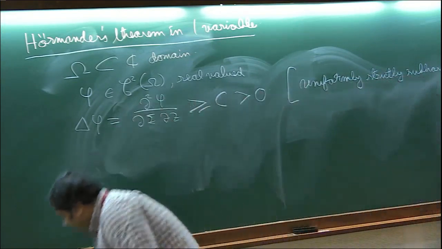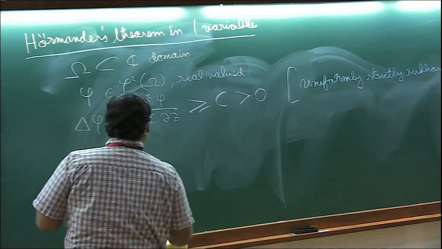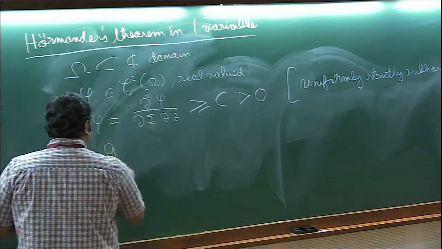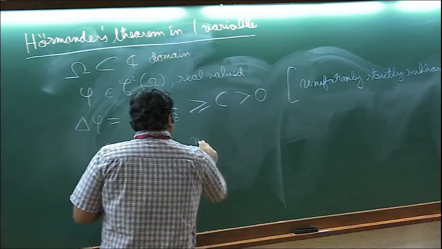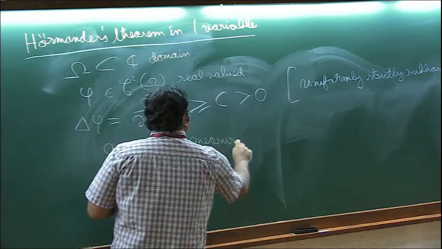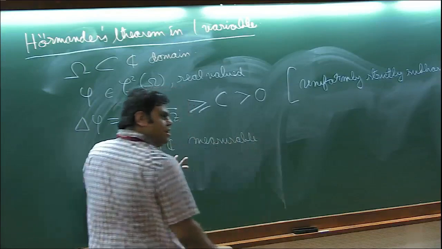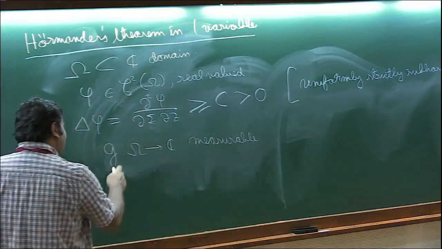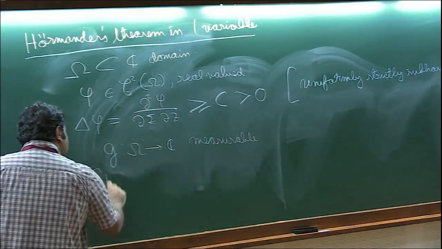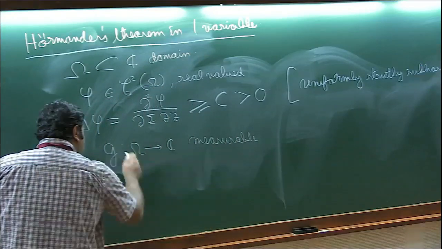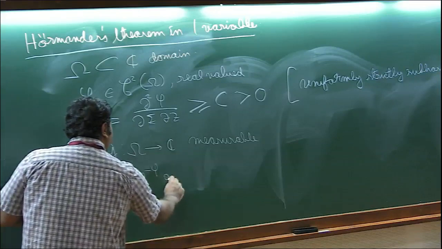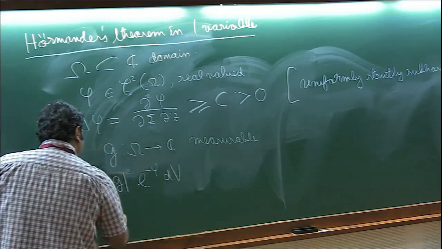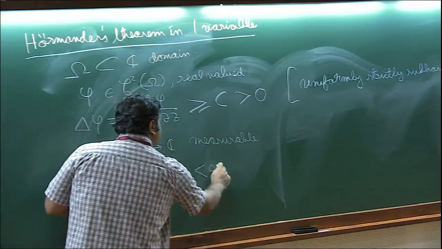Okay, and now I am given a function g from omega to C. I'm writing measurable, but soon I will forget writing that because non-measurable functions are not much fun. But what this measurable function does is that if I square its absolute value and integrate it against e to the power minus phi over omega, this is finite.